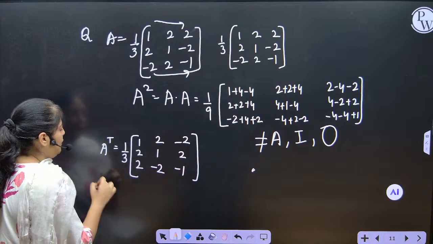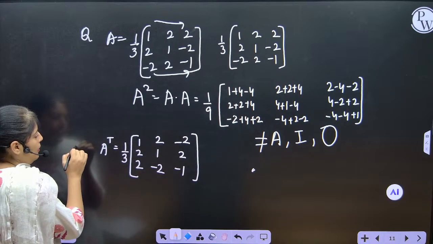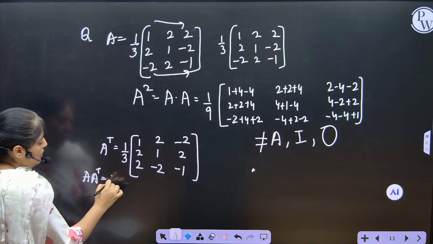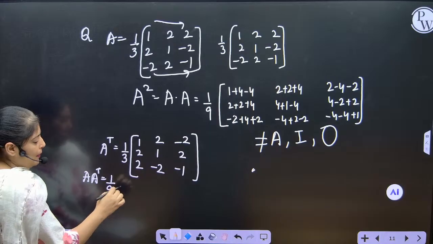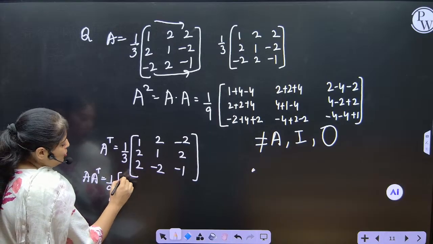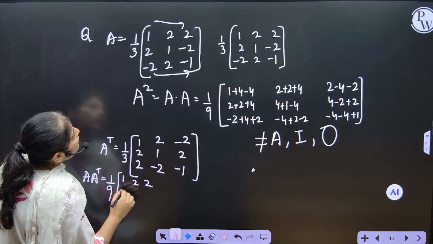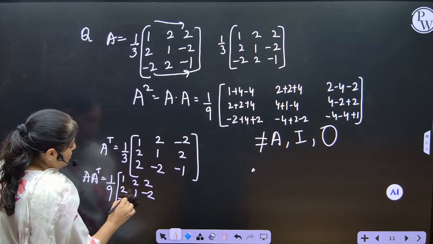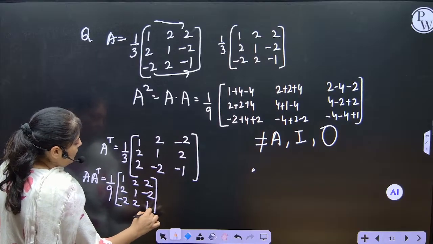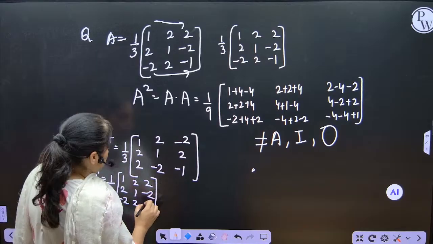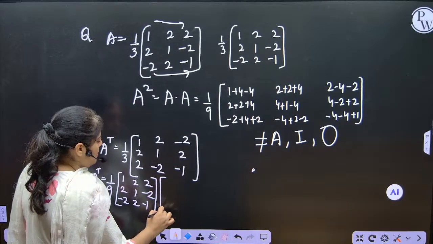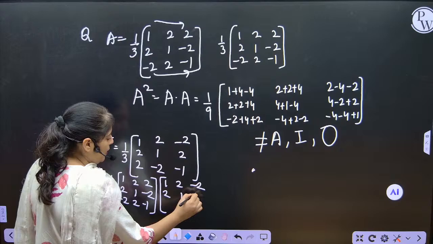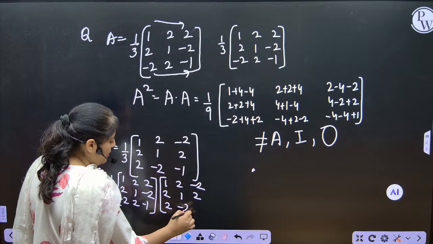Now multiply it with A. So A transpose I am finding now. 1 by 3 into 1 by 3 is 1 by 9. So A transpose is [1 2 -2], [2 1 2], [2 -2 -1].